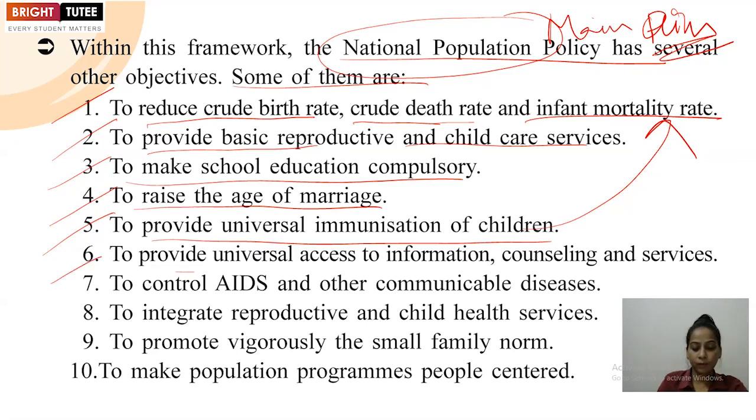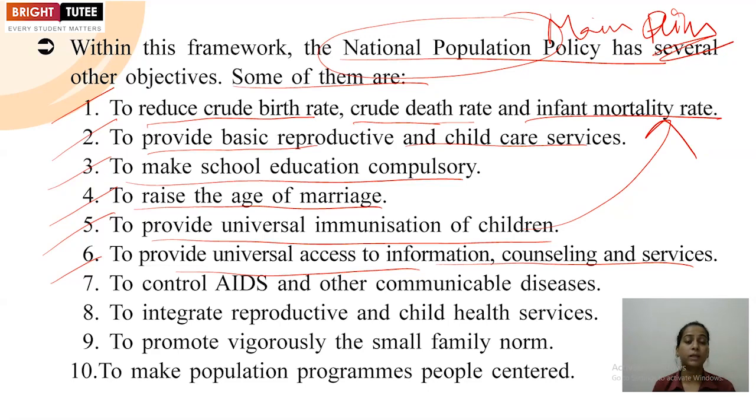Another objective is to provide universal access to information, counseling and services. It should not be that only the people living in cities and towns have this kind of access to all this information, counseling related to family planning and other services.